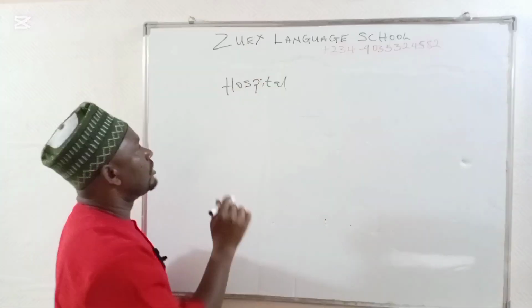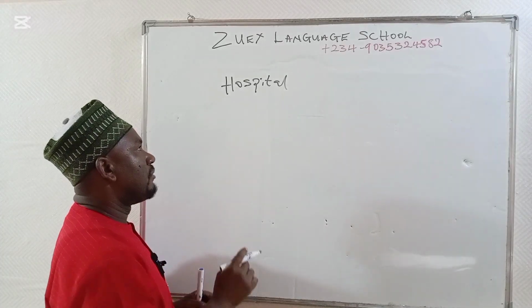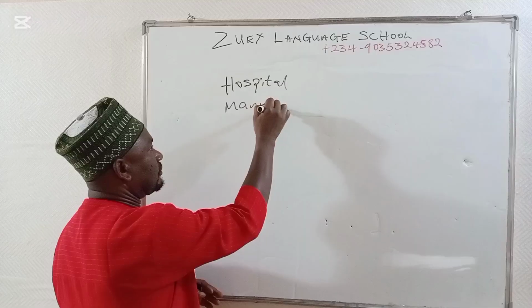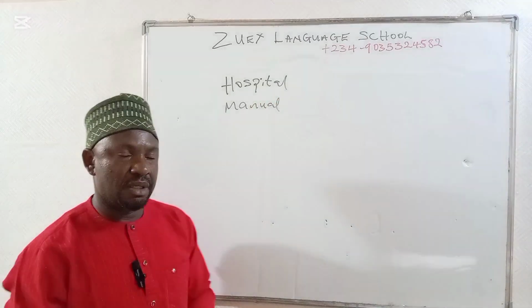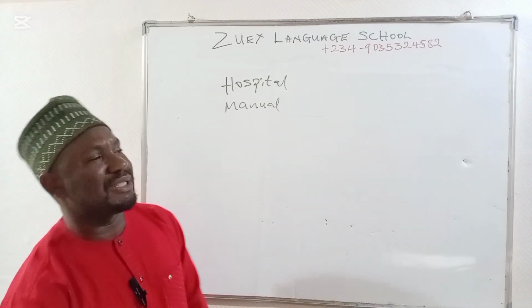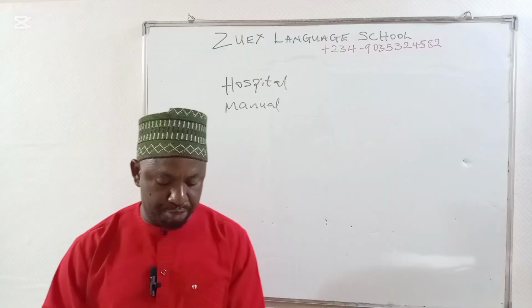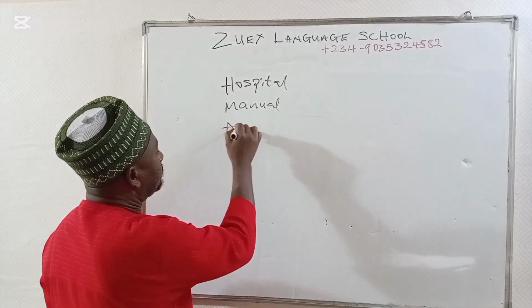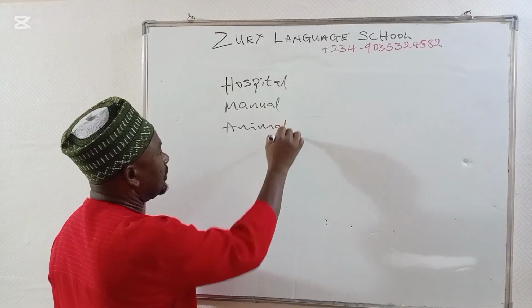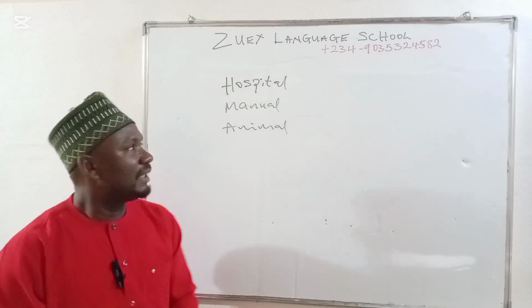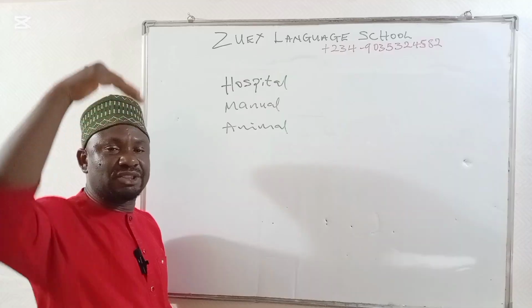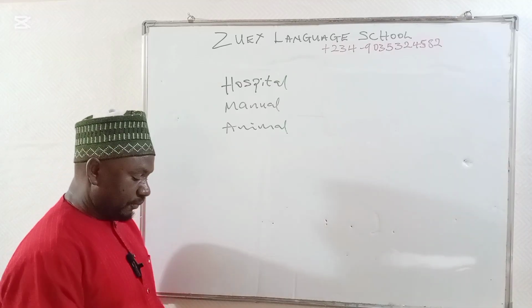Is an English word, right? I could tell you again, like manual. Okay, these are words that have the same spelling. I could tell you about animal. Now watch, nothing changes. It's just the same thing. The only thing that changes is the pronunciation.